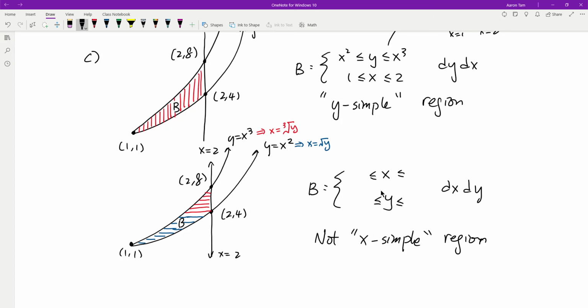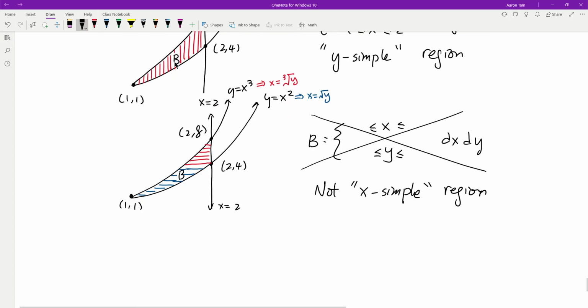Meaning, I cannot do this as one single set of inequalities, but instead I need to split B into B1 and B2 and define B to be a union of B1 and B2 without any overlap.